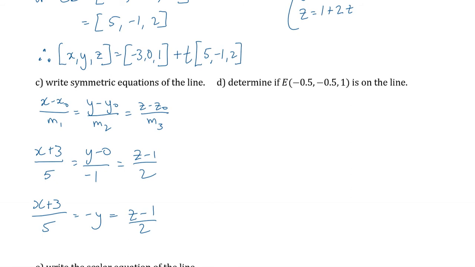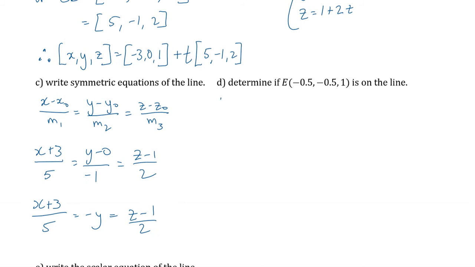Determine if the point E is on the line. All right, let's give it a try. How are we going to do this? We're going to sub it in to each part, let's say each parametric equation, and see if I get a consistent t. That being said, for this I actually could use the symmetric equations because they are already solved for t, right? Each one of these things is equal to t. That's where they came from, if you remember the first time we did it.